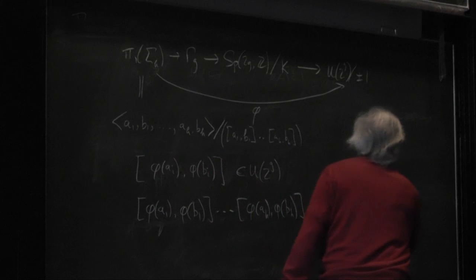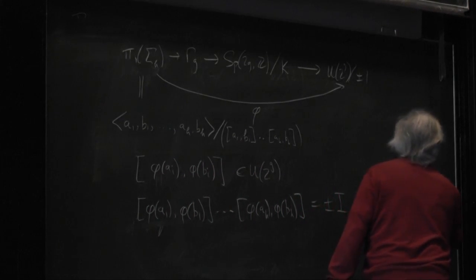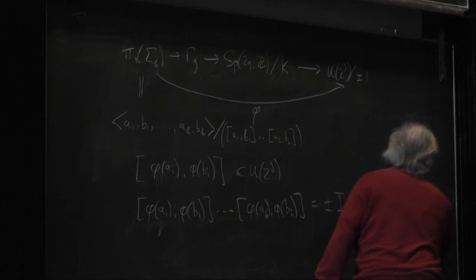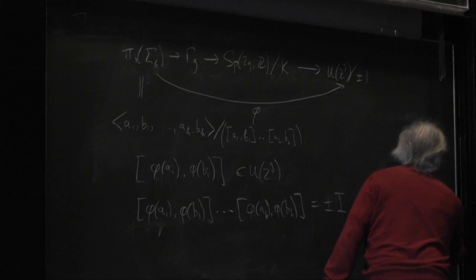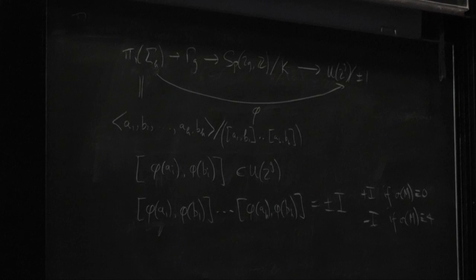Plus the identity if the signature of M is congruent to 0, minus the identity if the signature of M is congruent to the other answer. And that looks like a good point to stop. There's your recipe. Thank you.